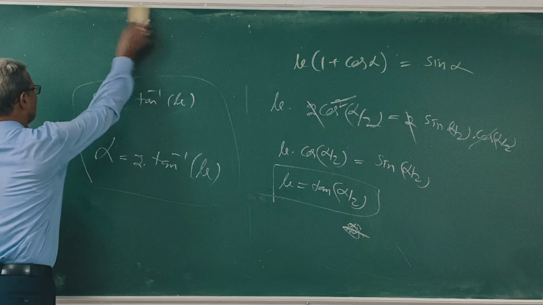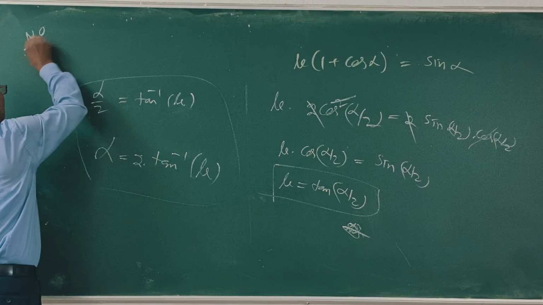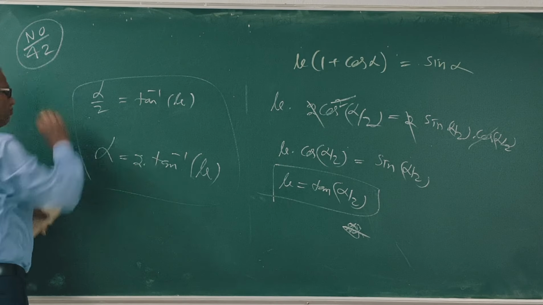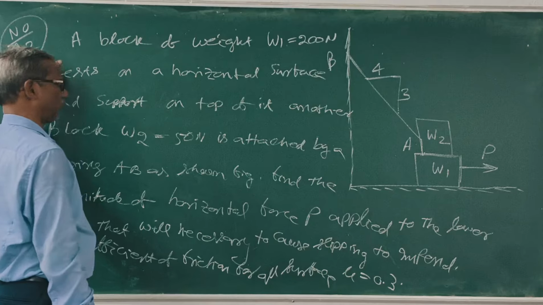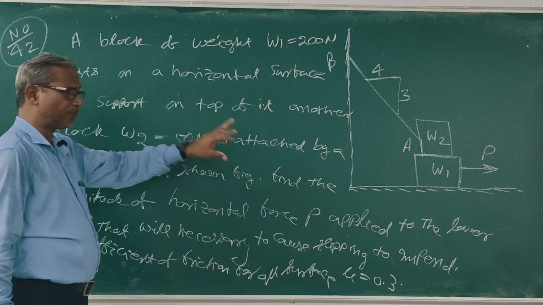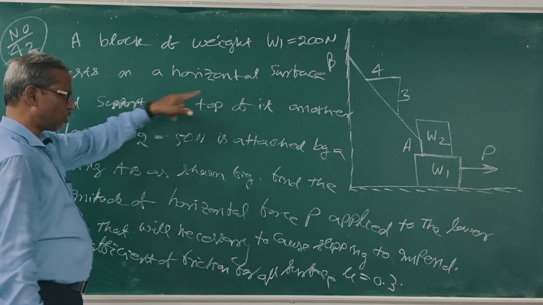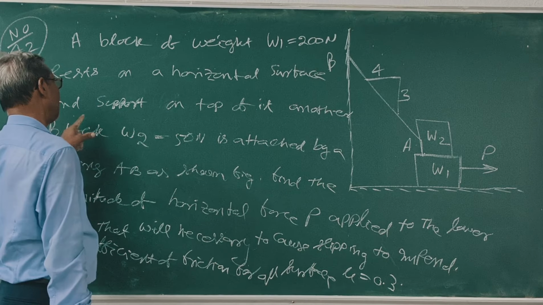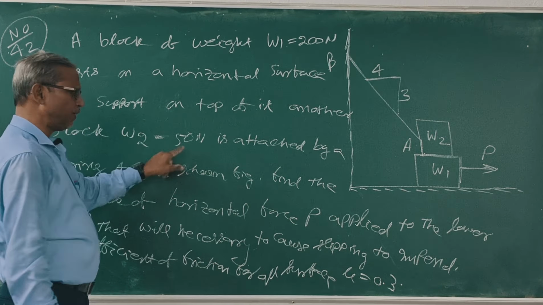Number 42. This is question 42. The question is, as shown in the figure, a block of weight W1 of 200 Newton rests on a horizontal surface and supports on top of it another block W2 of weight 50 Newton, attached by string AB as shown in the figure.